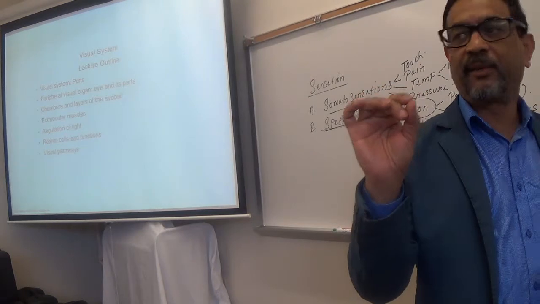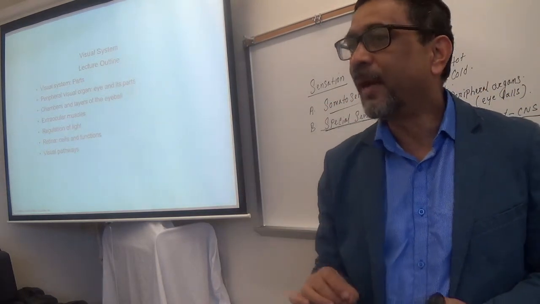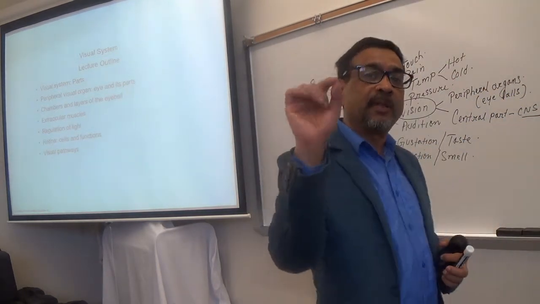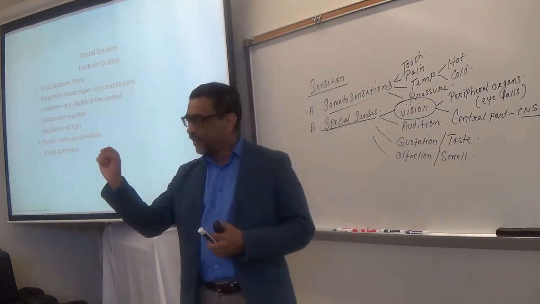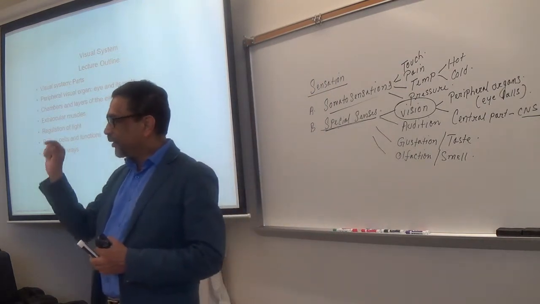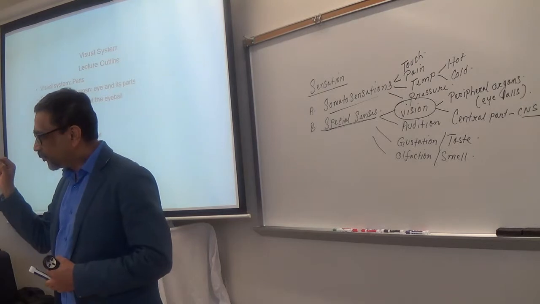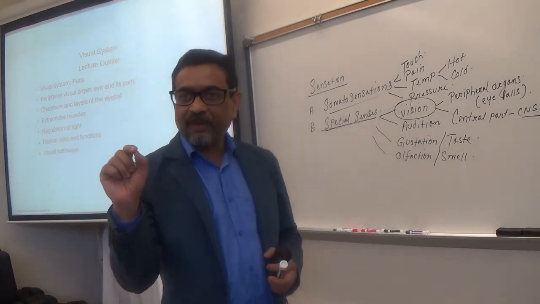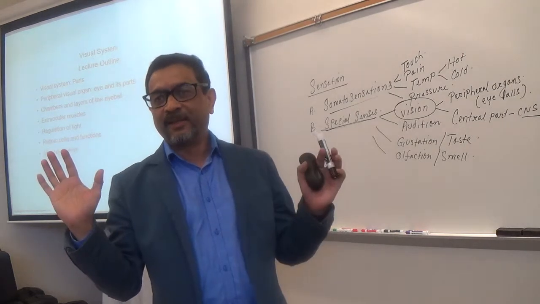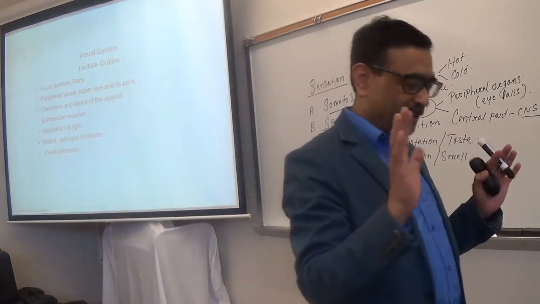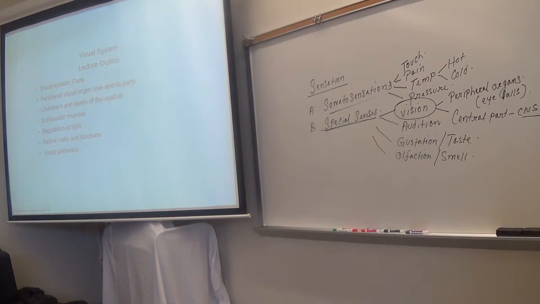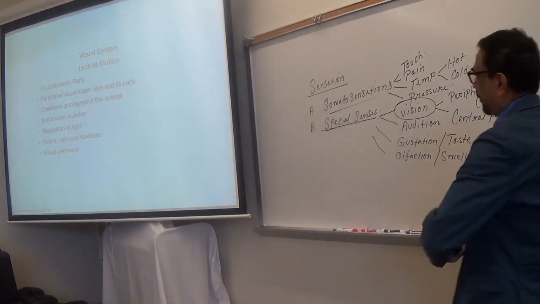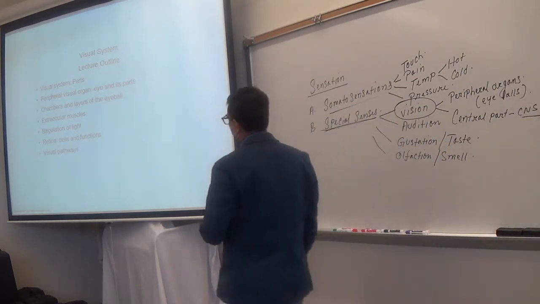Most important part of your eyeball. Why? Because retina contains the photoreceptors. Have you heard photoreceptors? Rods and anybody? Cones. Those are called photoreceptors, right? Located in the retina. So that's why retina is the most important structure, where you have the rods and cones.